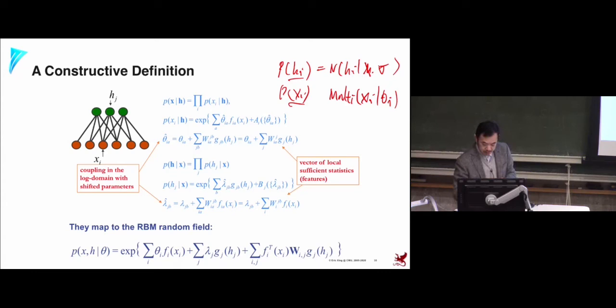What this bunch of equations is showing is that because of these conditional independencies, you are now able to write down the joint distribution of this hidden random variable or the set of observed random variables as a product of a singleton conditioning on the rest of the layer as the evidence. Okay?